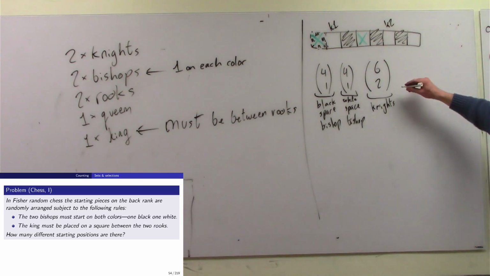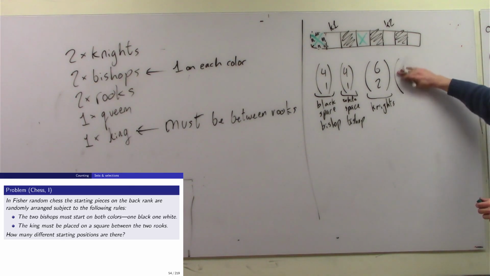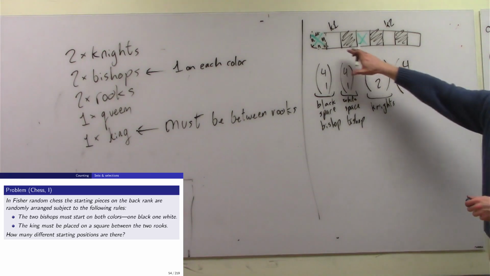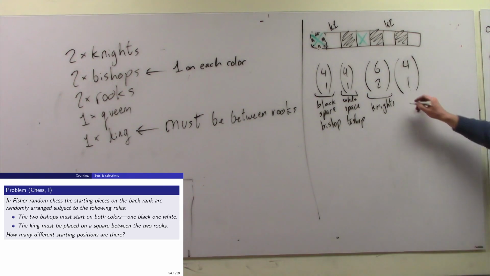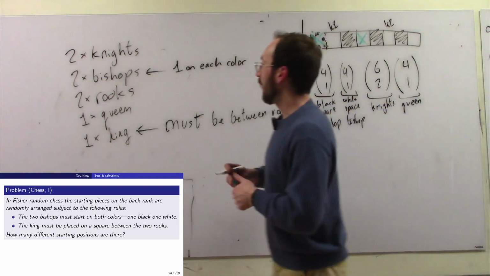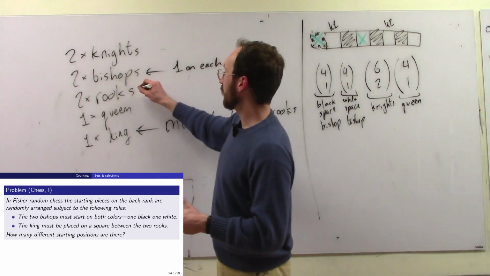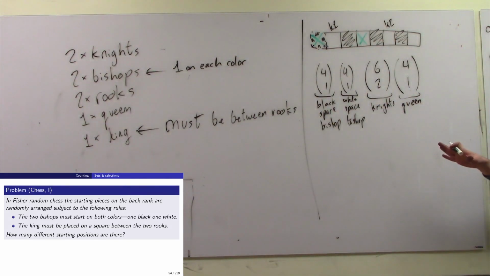And last, we got our queen, and there's one queen. So there's 4 spaces, and I can choose any of those to place my queen. What's nice is that with these last 3 spaces, we have these 2 rooks and a king, and the king has to be between the rooks.